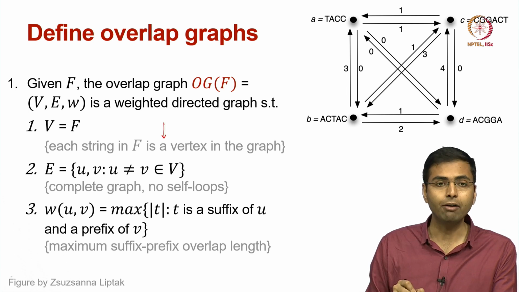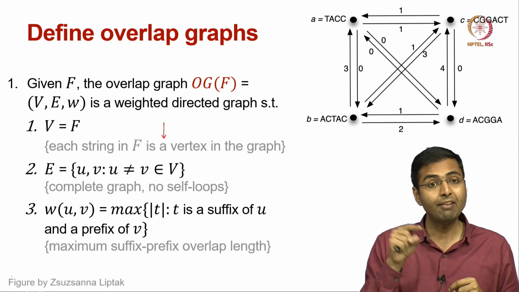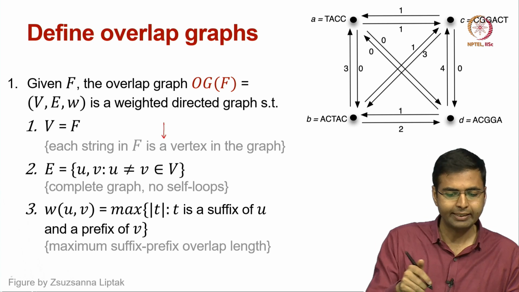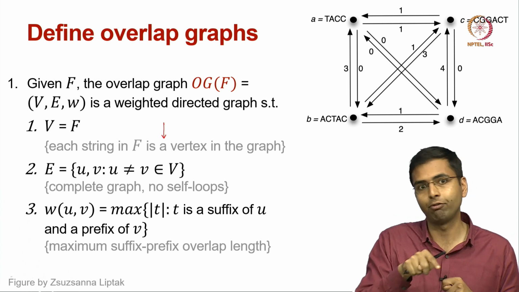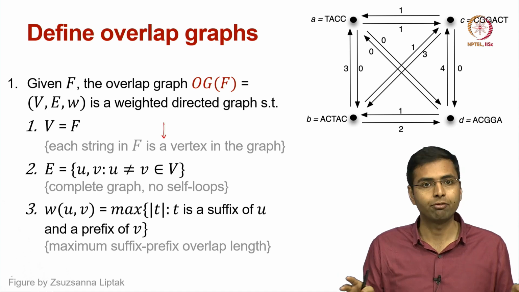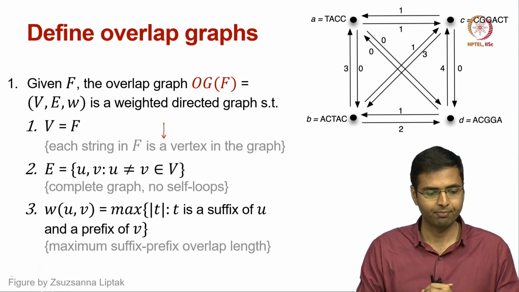This is a complete graph, that is, for every pair of vertices u, v we have an edge from u to v, except that we do not have any self loops. So, we do not have any edge from u to u itself. Between every pair of vertices you have a directed edge.